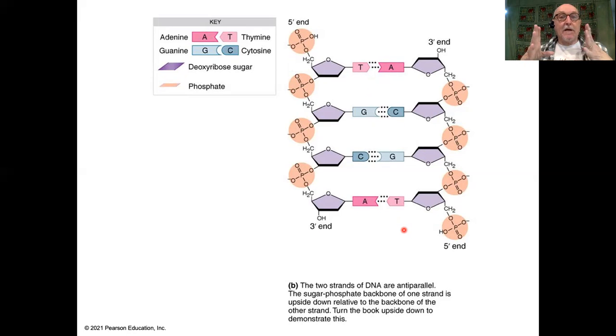It is indeed very simple. It's also extremely strong. This backbone here is very strong. These are very strong covalent bonds, called phosphodiester bonds, and they are not easily broken. But these bonds across the middle are hydrogen bonds.